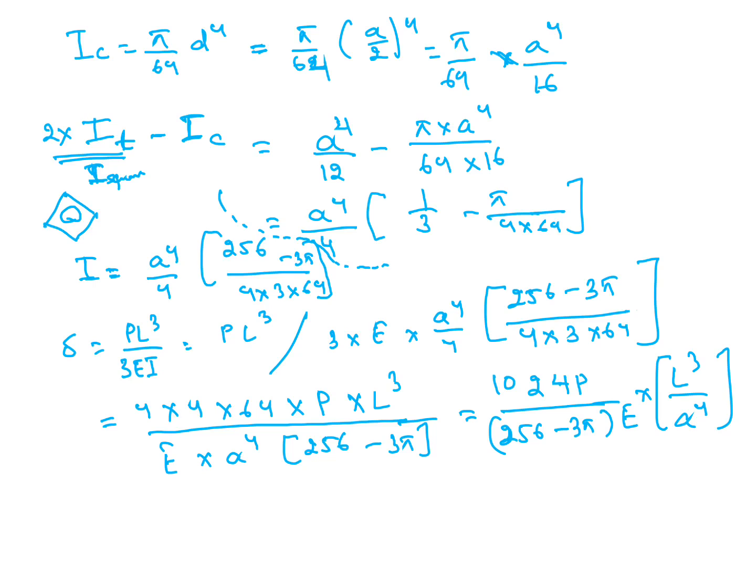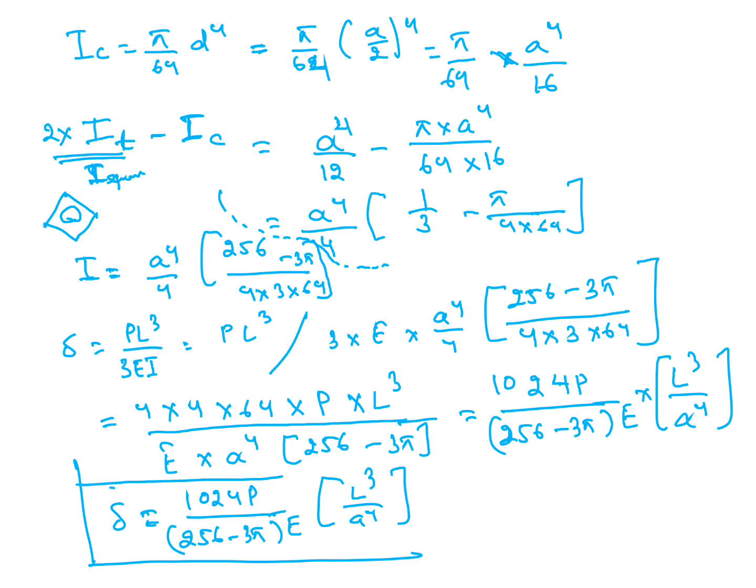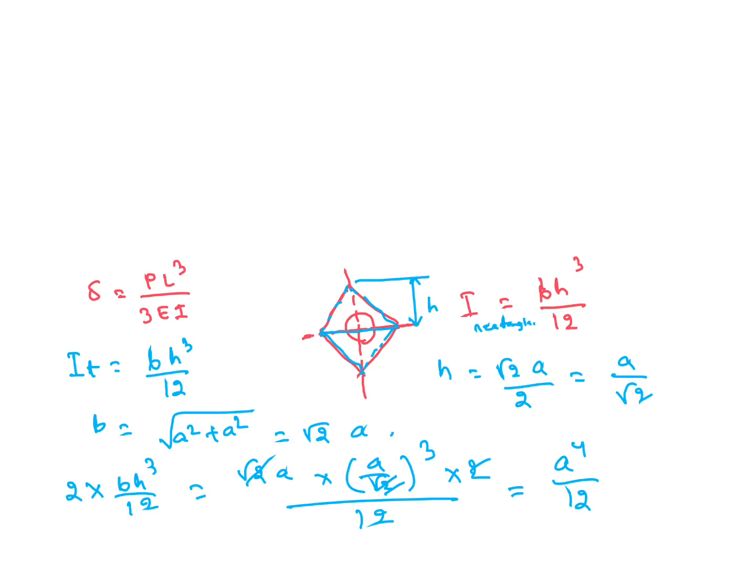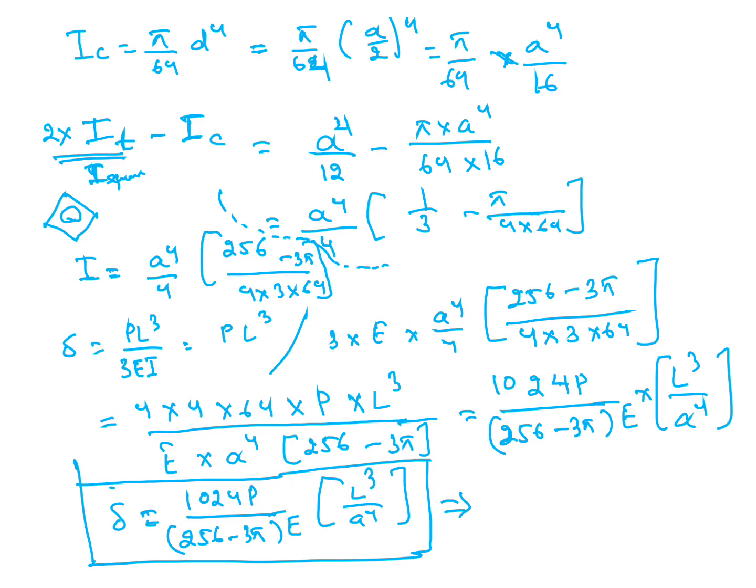From option, delta equal to root 2 P by 256 minus 3 pi E, L^3 by a^4. This is the answer. From option, here options I missed. From option you will check and you will get the same answer.